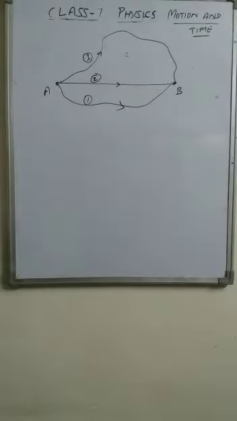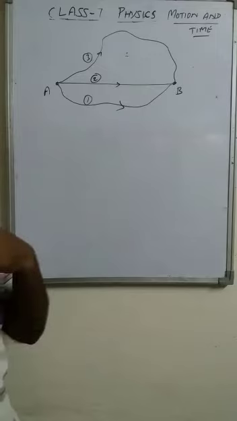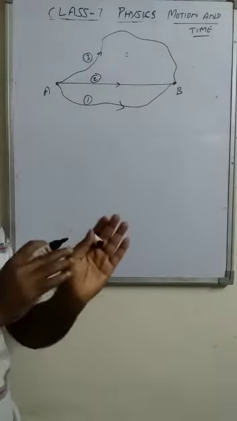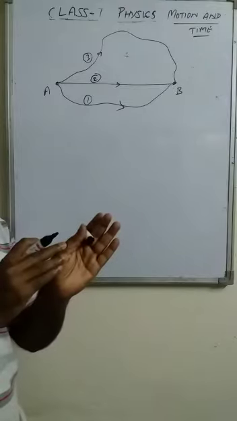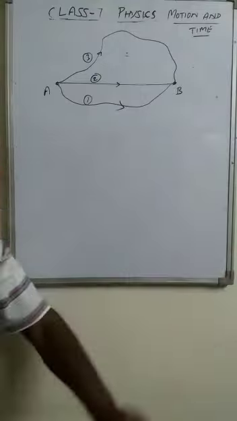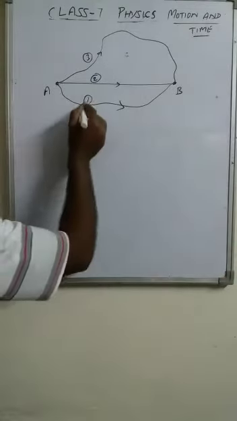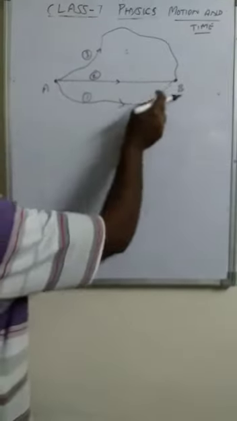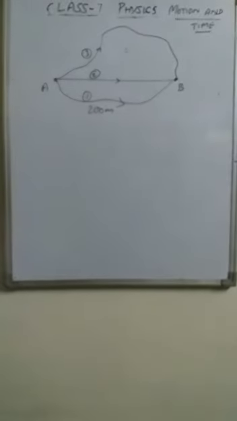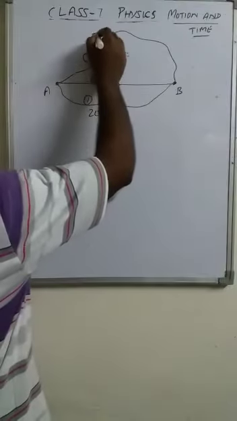Along the second path, along the third path, in all the paths, the length travelled by the object between the same initial and final points is different. If we take the length of paths, the length of the first path is 200 meter. If we take along this, it is 500 meter.